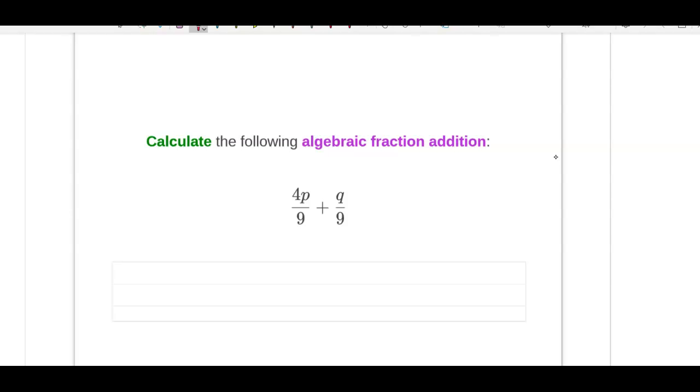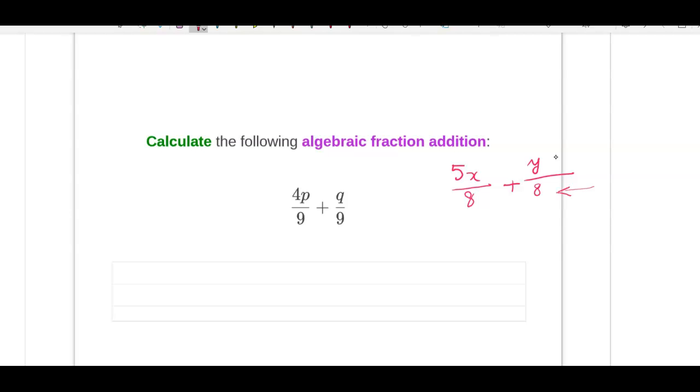I'll take perhaps another example. Let's call it 5x over 8 plus y over 8.